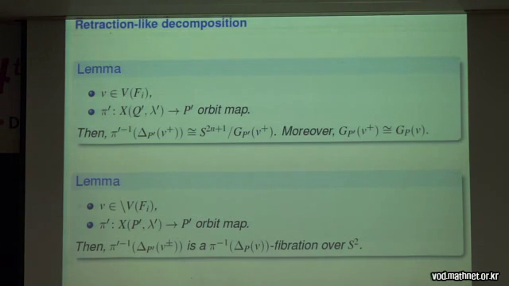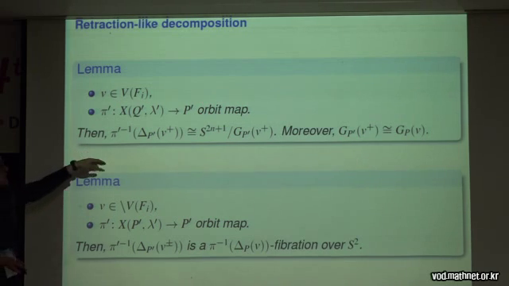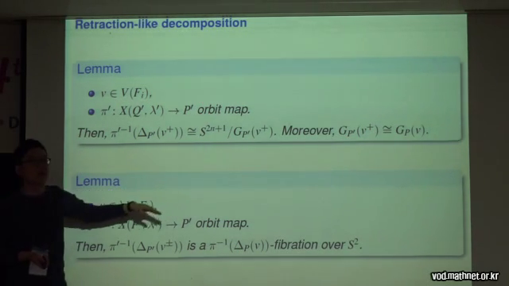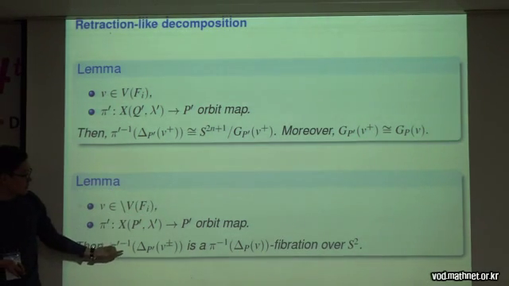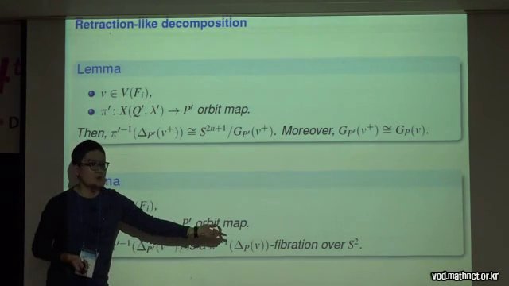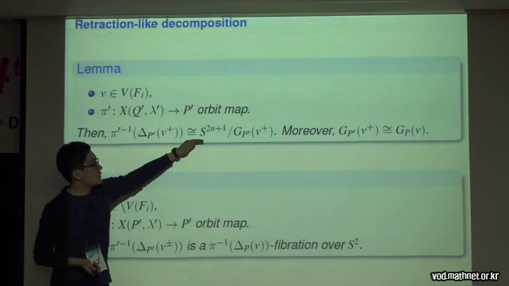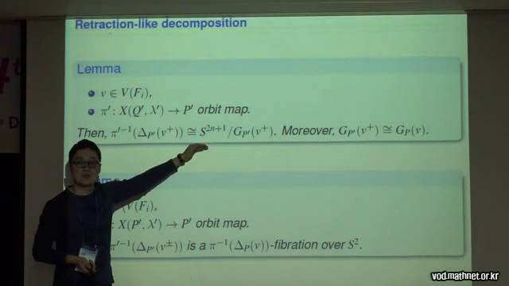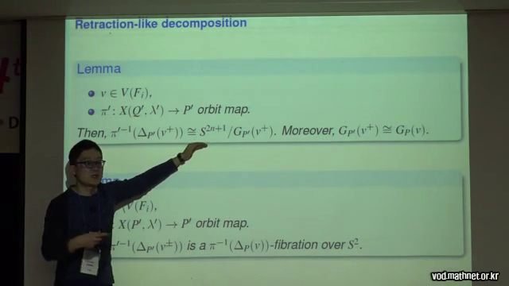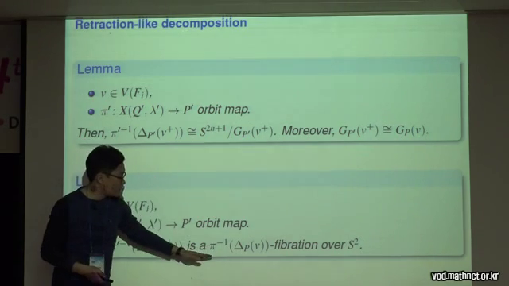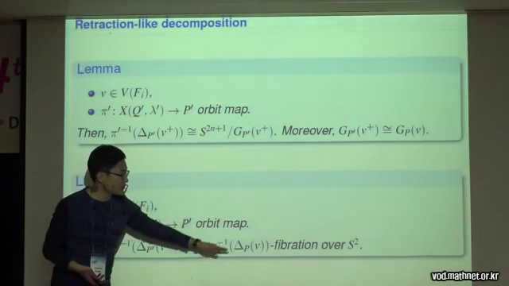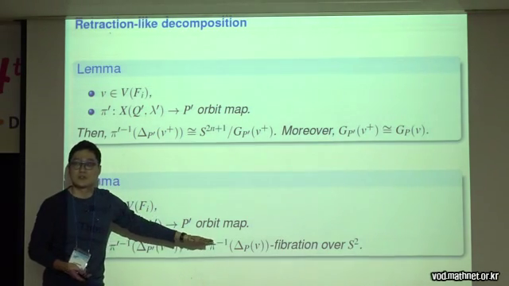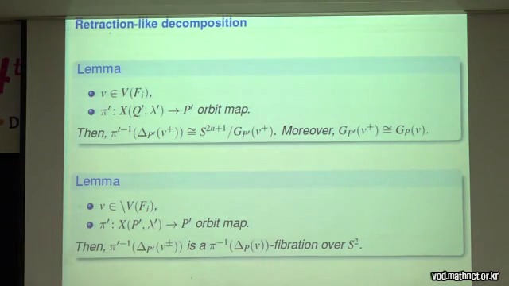So this is the lemma which we could show. Some space is an orbifold lens space, and some space is an orbifold lens space fibration over S2. Anyway, we can compute the cohomology from the transfer homomorphism, so that we can guess what kind of torsion exists. And we can use the spectral sequence because they have fibration structure, to compute the cohomology groups.